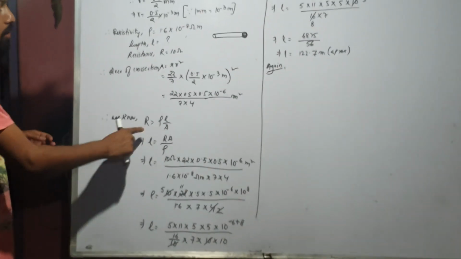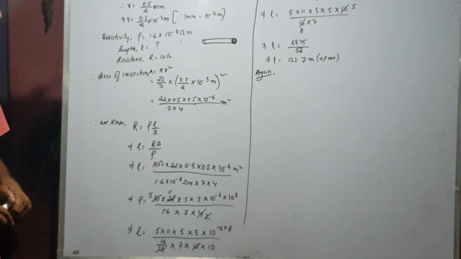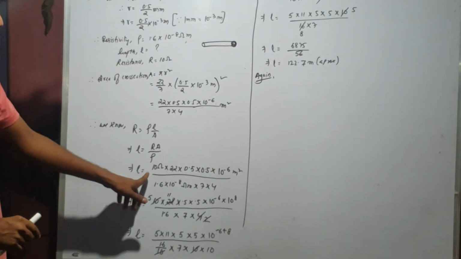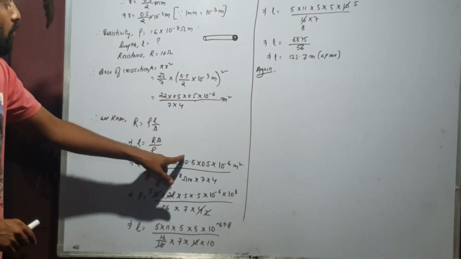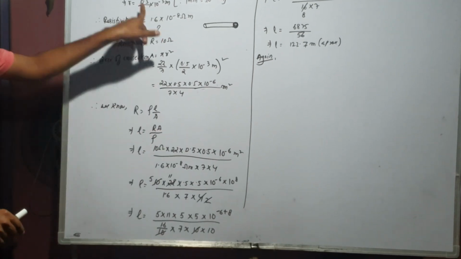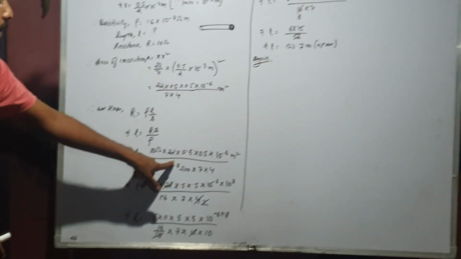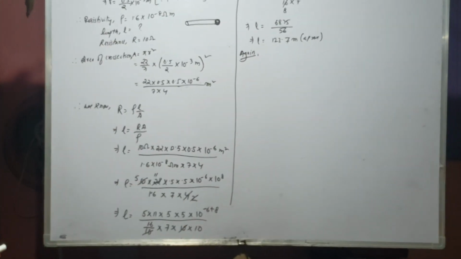Okay, so what is the formula? We know R is equal to rho into L by A, that is, L is equal to R into A by rho. The R value is 10 ohm, and the A value you can put from here: 22 into 0.5 into 0.5 into 10 to the minus 6. The rho value we have here is 1.6 into 10 to the minus 8, and we have 7 into 4, which will come downside here.